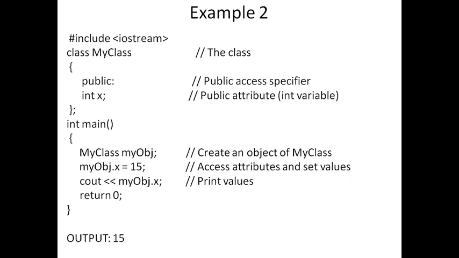That is the main thing. So here we initialize the value of x with 50. Then cout << myObj.x prints the value by using the cout function, then return 0. When we execute this program, we get the result as 50.